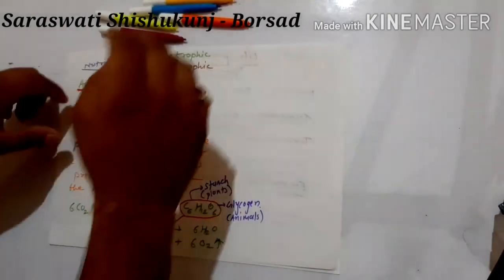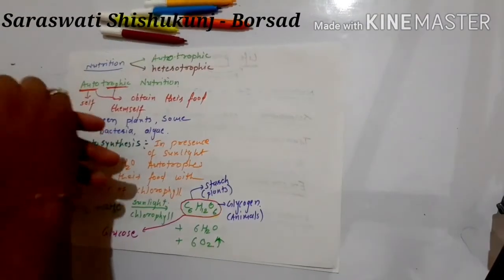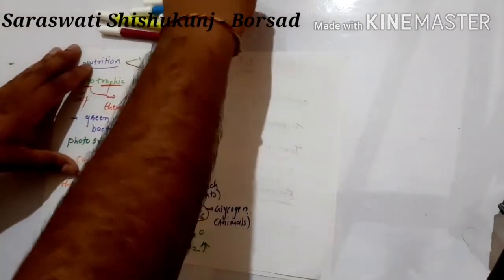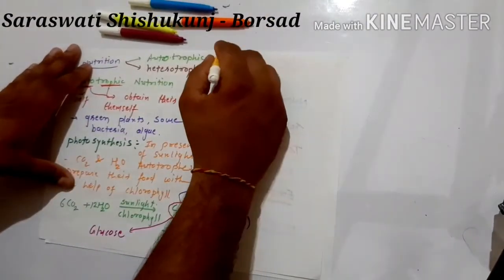Now let's understand how photosynthesis is done, or the events of photosynthesis. It's also a very easy concept.